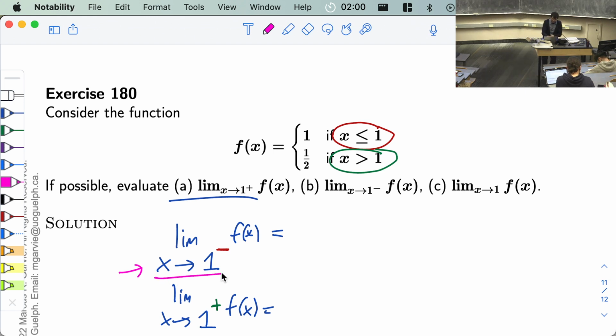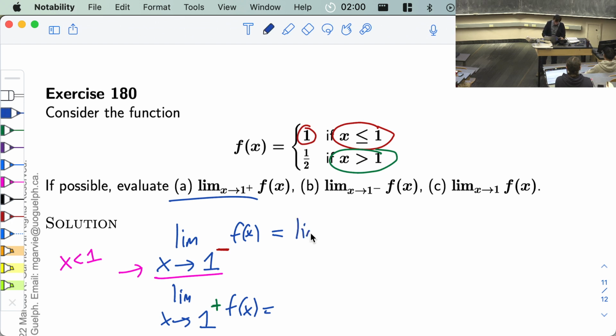So x goes to 1 minus, this means x is less than 1, right? Coming from the left side of 1 on the number line, x is less than 1. And when x is less than 1, the function is equal to 1. That's what it tells me. f of x equals 1 for x less than 1. So what is the limit?